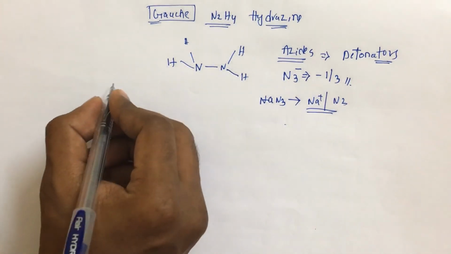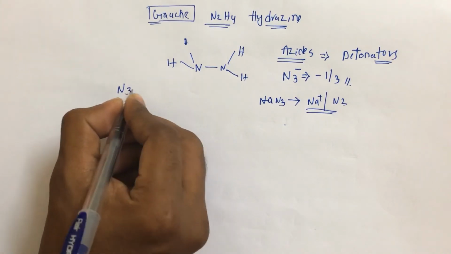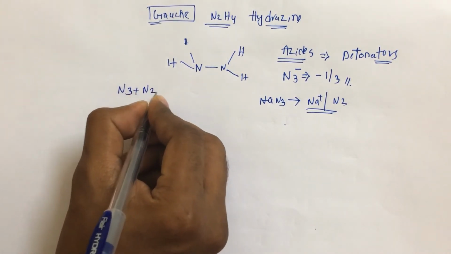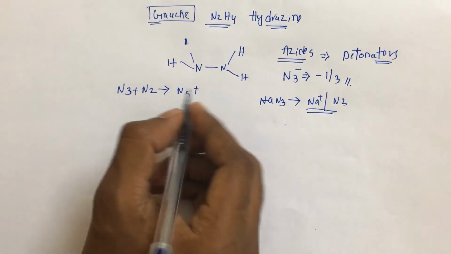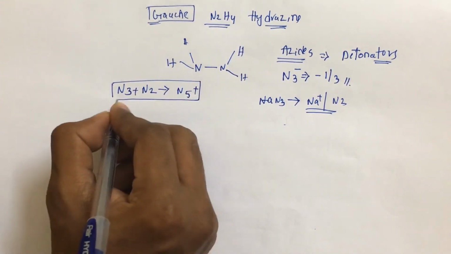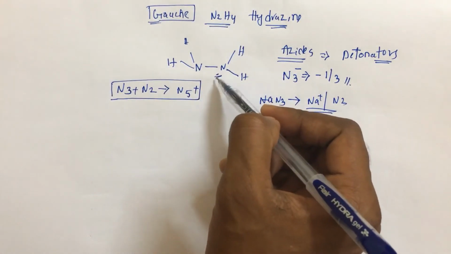And we have another compound: when we treat N3 plus N2, we get N5 plus. Just remember about hydrazine, it exists in the Gauche conformation.